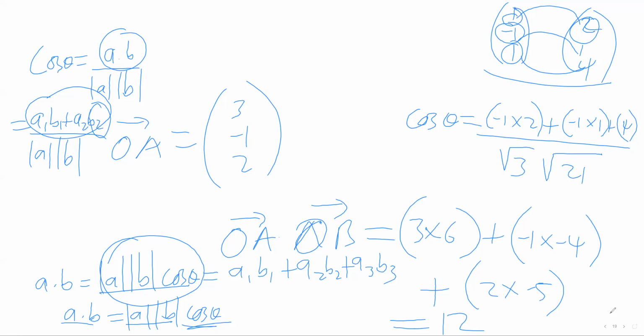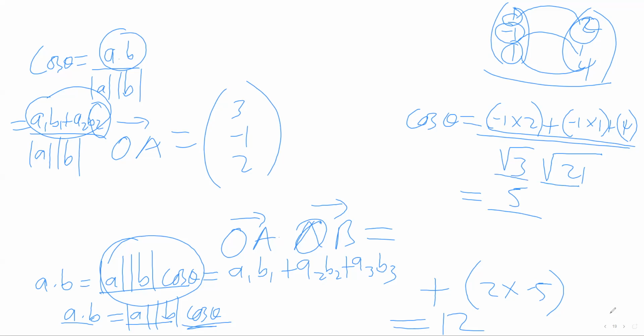And then we end up with, on top, if you add those, you get 5. That's what you're going to have. Then down, if you multiply root 3 times root 21, and then you get an angle, guys.